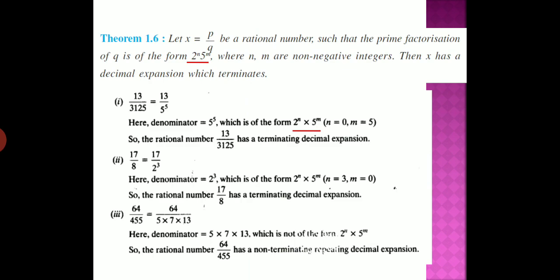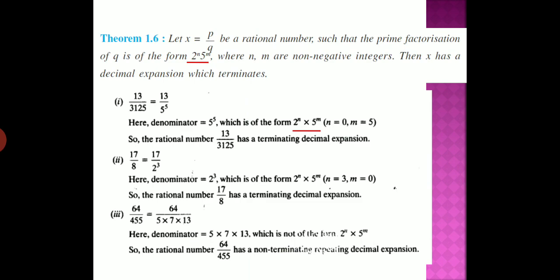So in the rational number p by q, if the denominator, that is q, is in the form 2 power n 5 power m, then the rational number will be terminating. This is the theorem, very simple and very important. You see the first example, 13 by 3125. We'll take the prime factorization of the denominator.